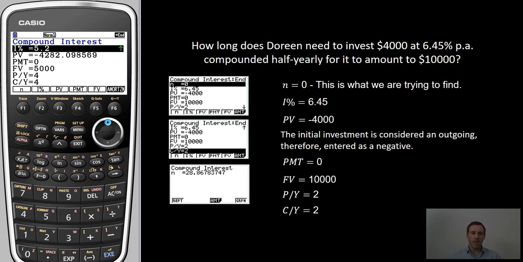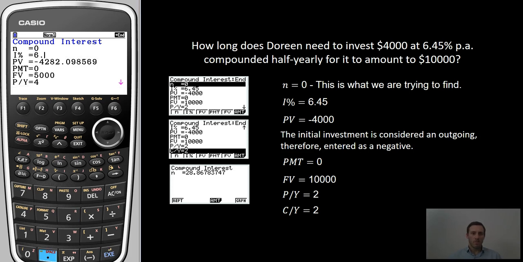This time we're trying to find N, so when we scroll up to N, I'm just going to enter 0 there. In I, I'm going to enter 6.45. Present value is 4,000. Remember, we have to enter it as a negative. PMT stays as 0. The future value, we want to see how long it's going to take us to get to $10,000, so we enter 10,000.